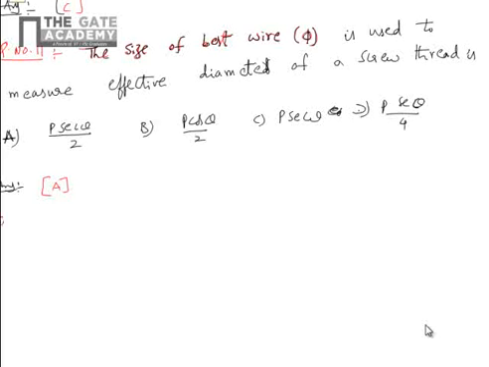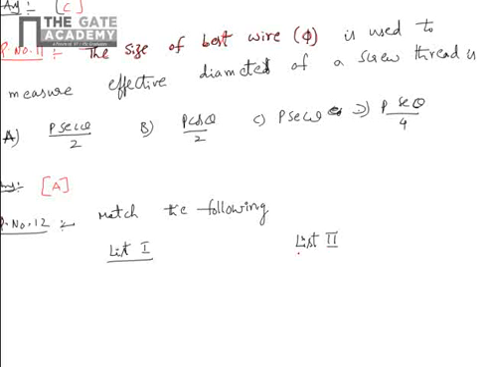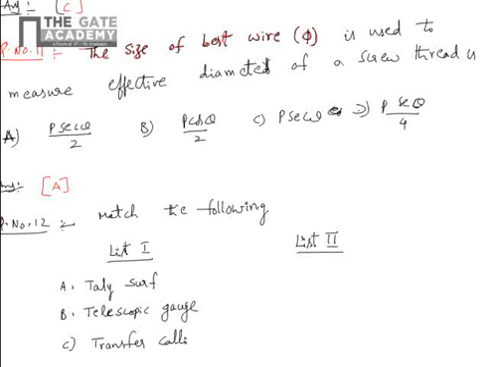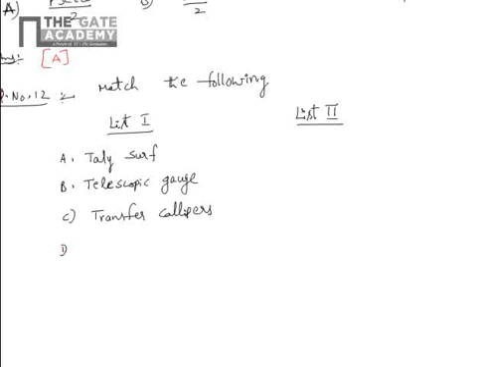Next, match the following. List 1: A, Taly Surf, B, telescopic gauge, C, transfer calipers, D, autocollimator.